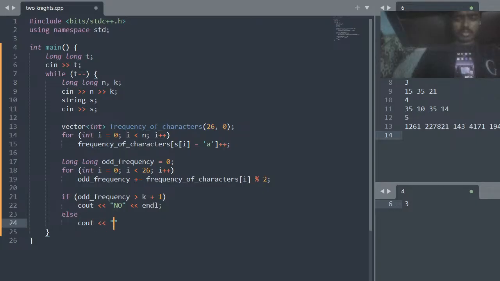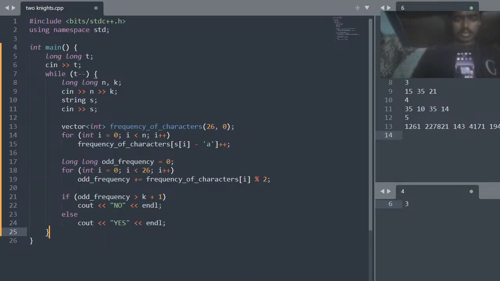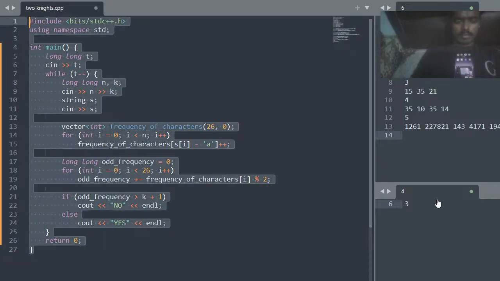Count, then like return 0, right? Copy it.